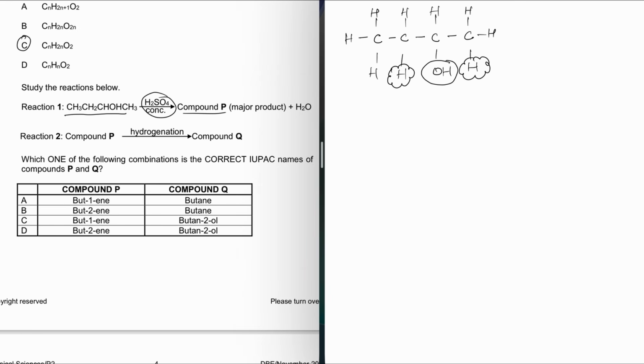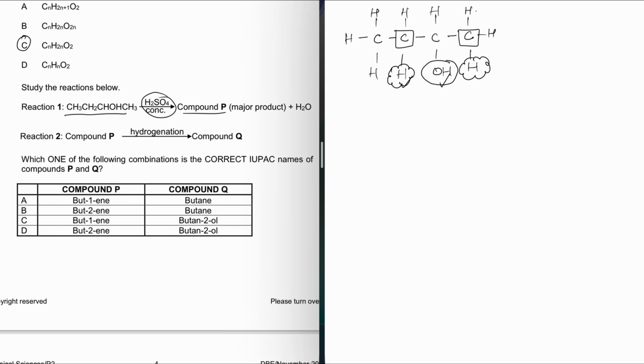Simply put, the hydrogen is removed from the carbon that has the least hydrogens. So if I look at this carbon here, this carbon has 3 hydrogens. This carbon here has 2 hydrogens. So this hydrogen and this OH will be removed to give me my major product.